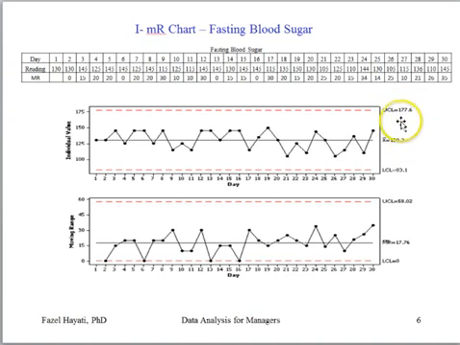Again, if this is not acceptable, whether we have to lower the average and narrow the variation, or just narrow the variation, any improvement strategy that you undertake here comes from improvement of the system as a whole.